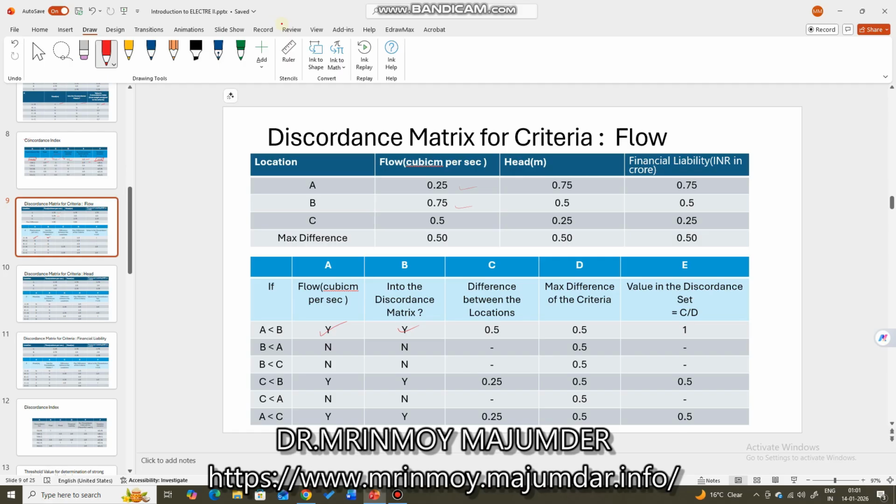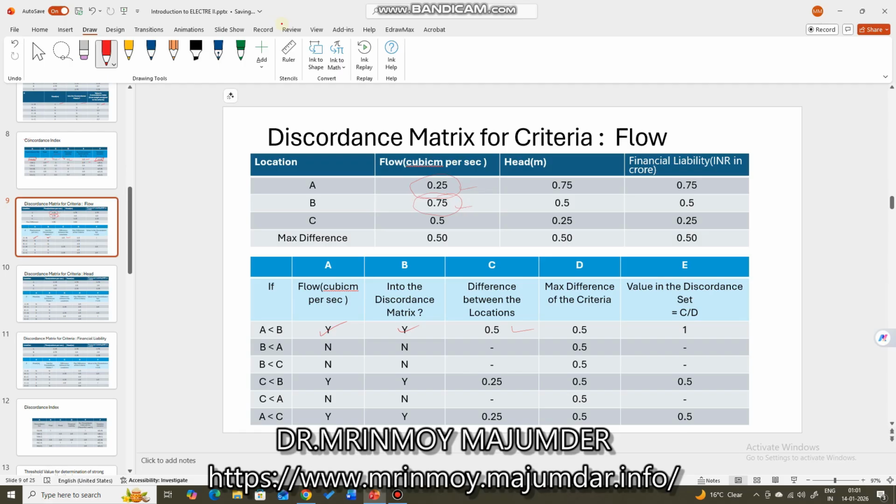This is the difference between the locations because A has the value of 0.25 and B has the value of 0.75. So the difference between these locations becomes 0.75 minus 0.25, that means 0.5.